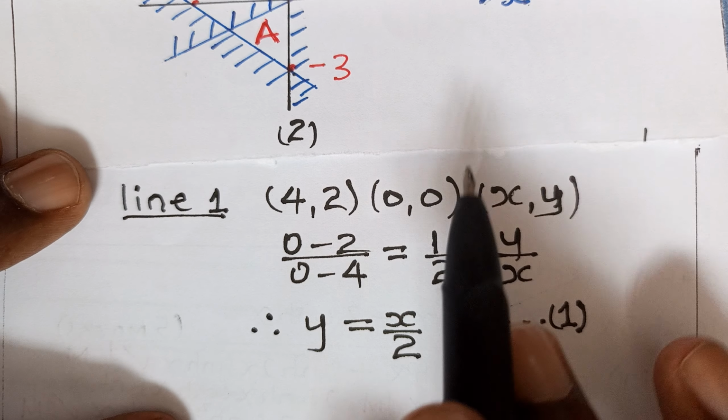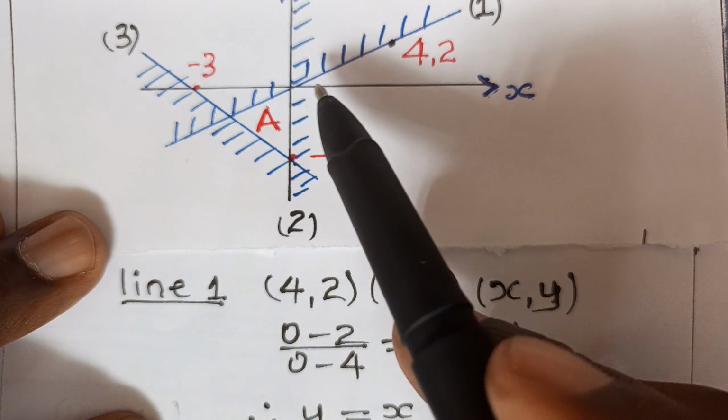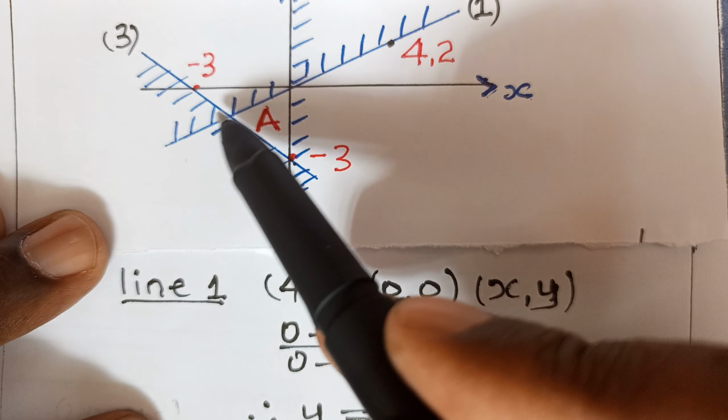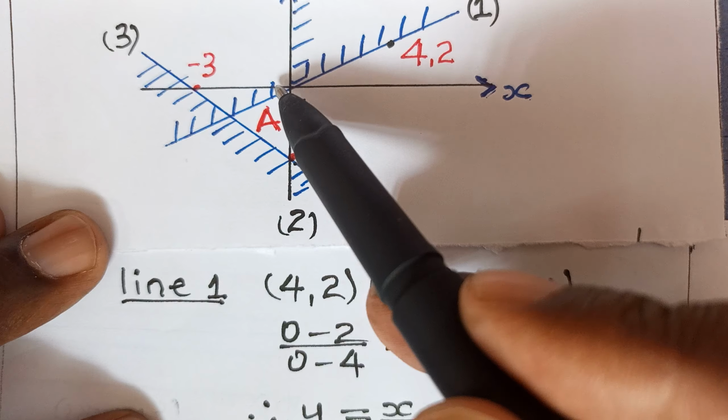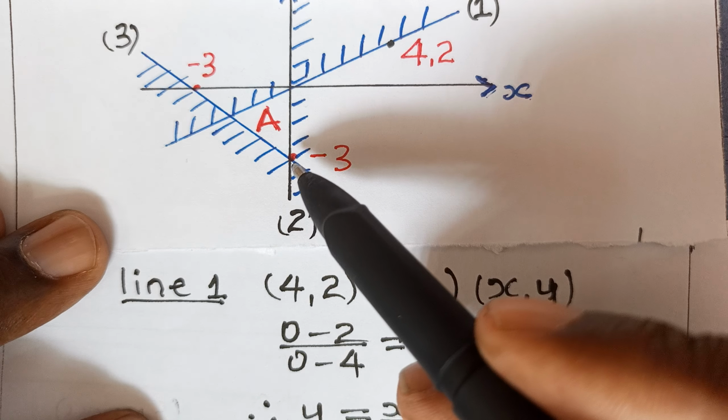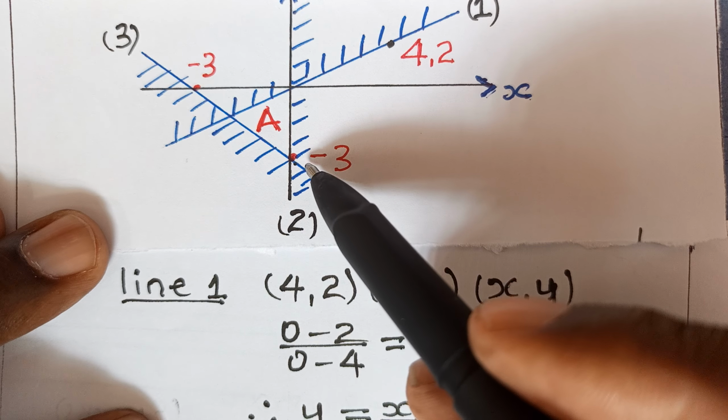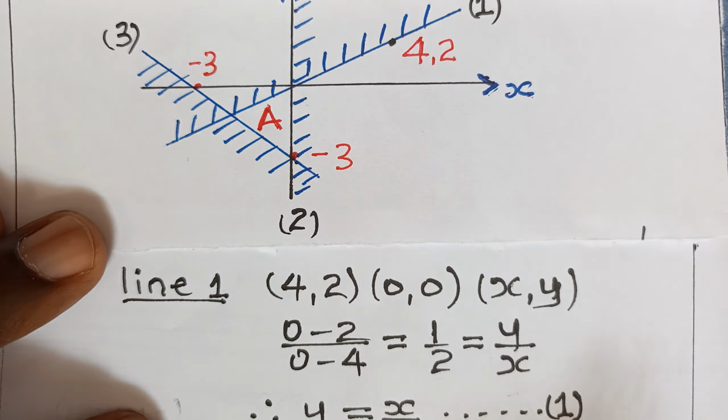Looking at the graph, we have this line and the undesired region is the upper side. And so we choose a point on the lower side, and I choose (0, negative 3).